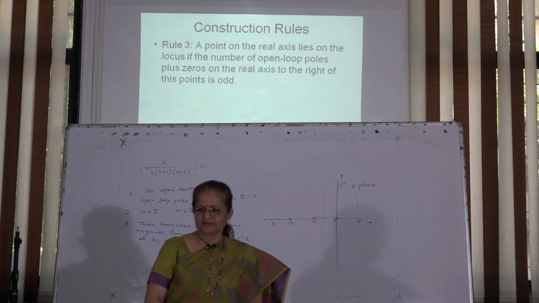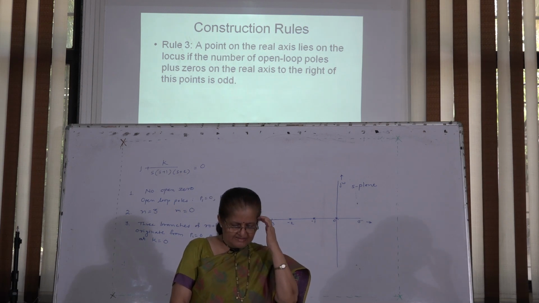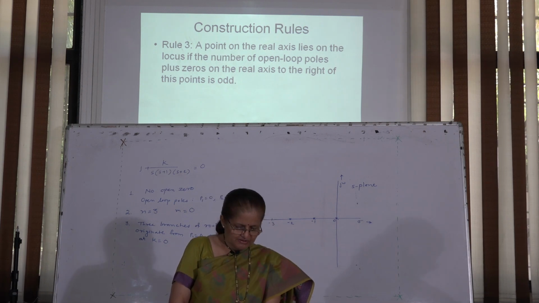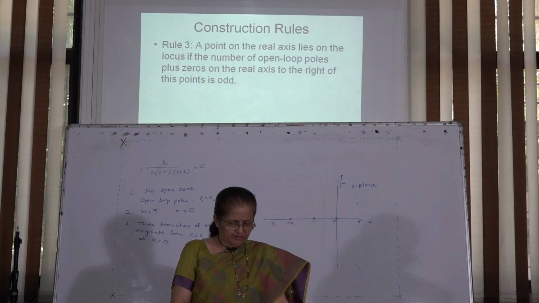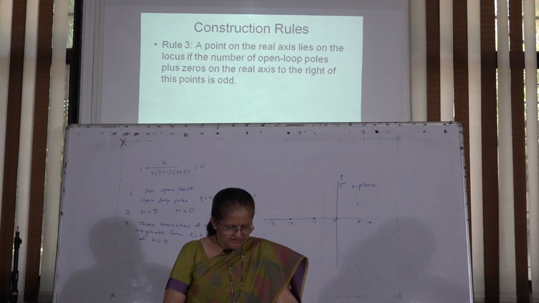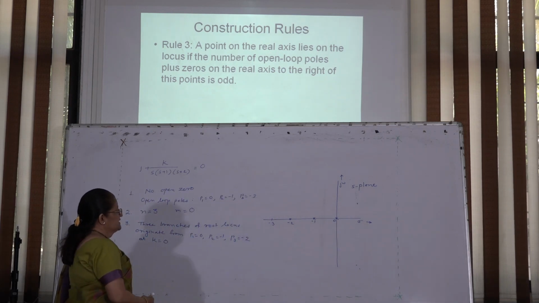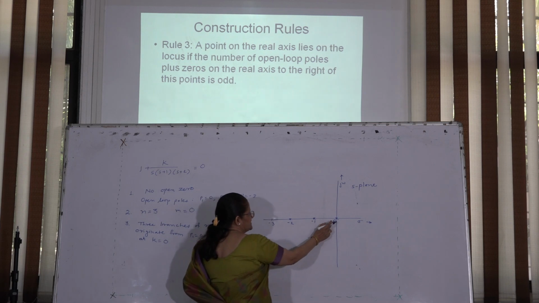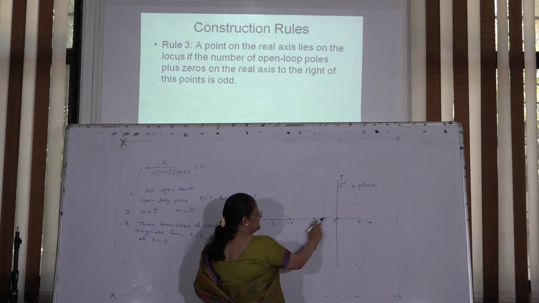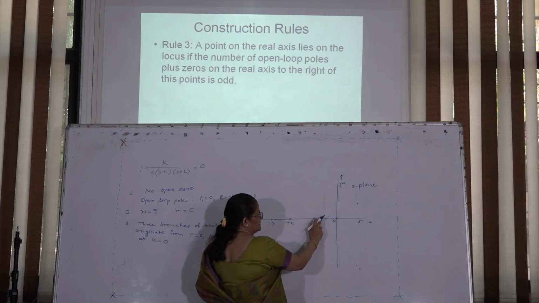Next, we apply which part of the real axis will lie on the root locus, using rule 3. Consider between 0 and minus 1: will it lie on the root locus?